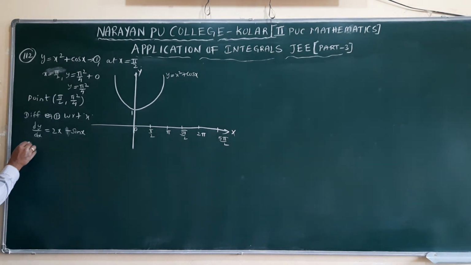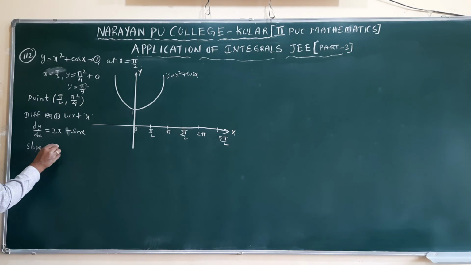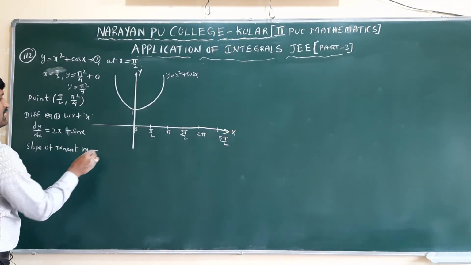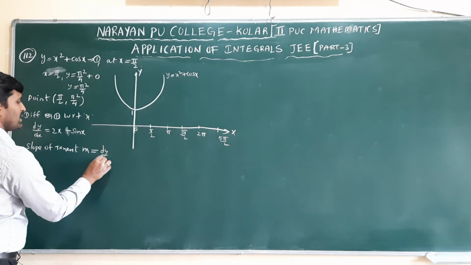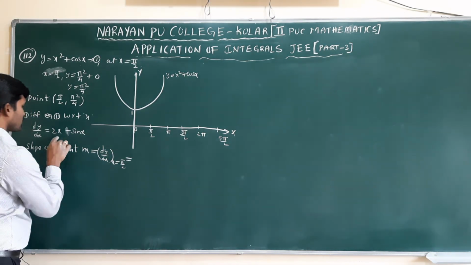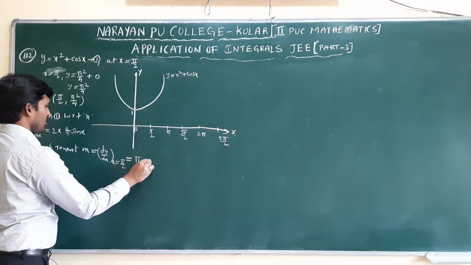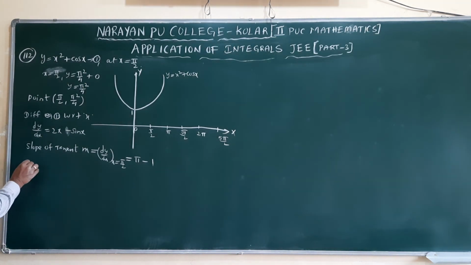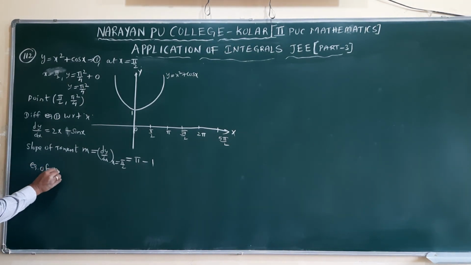That's why for the slope of the tangent we take the symbol m. How to find dy by dx at the point x value pi by 2: substitute here, 2 into pi by 2 is pi, sin pi by 2 is 1, so that is pi minus 1, the slope of the tangent we got, but we need the equation of the normal.